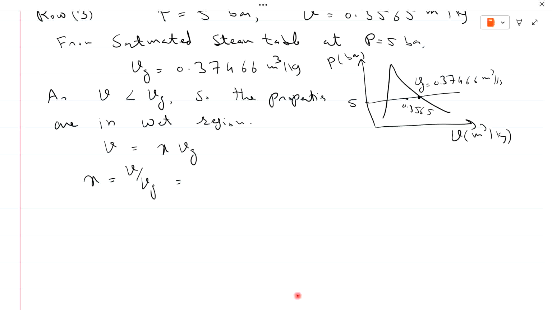V is equal to 0.3565 meter cube per kg, and Vg is 0.37466 meter cube per kg. So X is equal to 0.951.